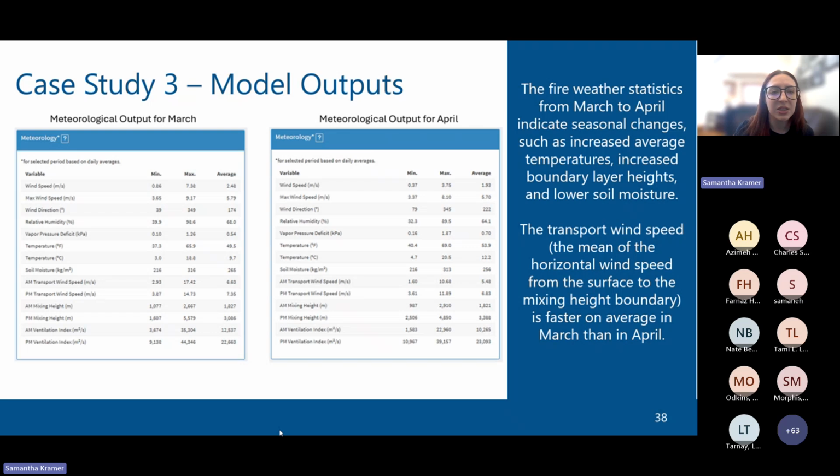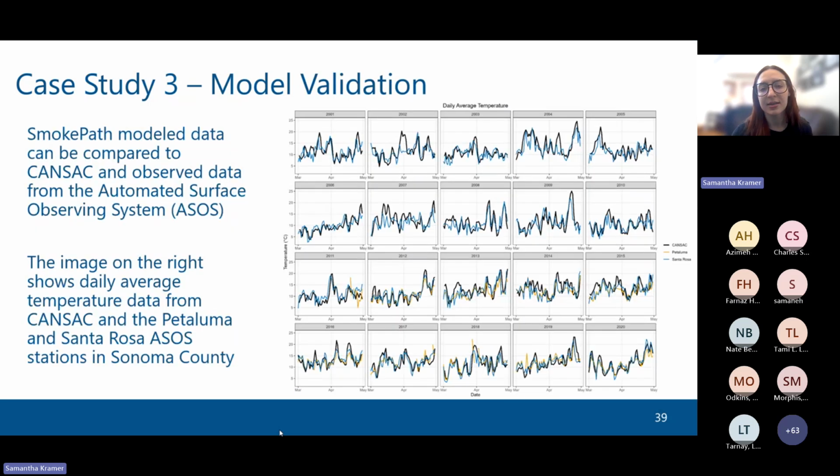And I do want to highlight as well that we did look at how this meteorology data compared to surface observations, because I know all of you are thinking that's all well and good, but does it work? How accurate is it? So we compared this to ASOS stations, weather stations on the ground, in this case in both Santa Rosa and Petaluma, since there was no location that was perfectly co-located with this location.